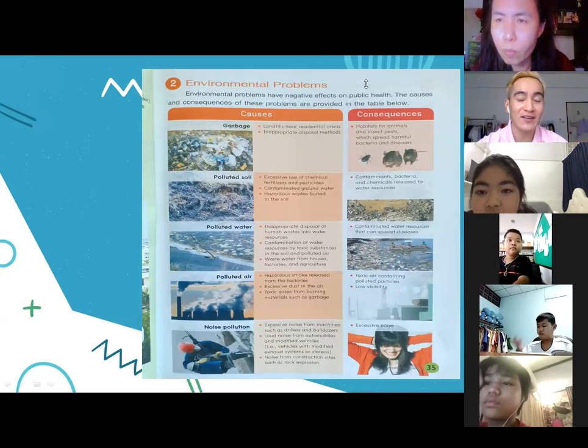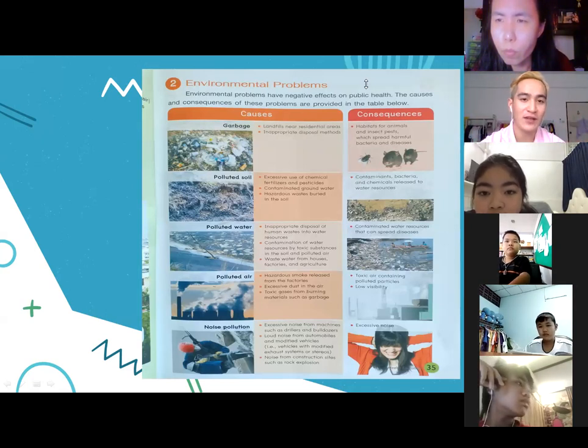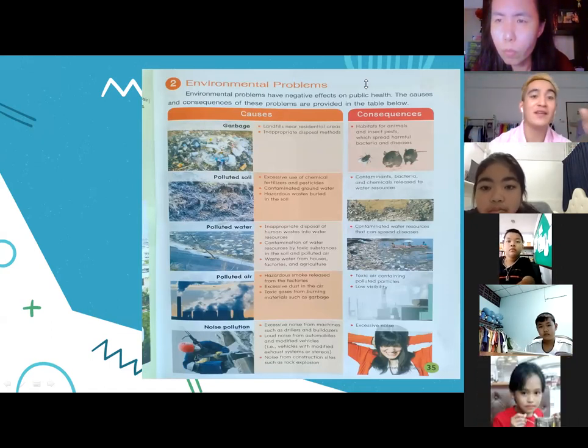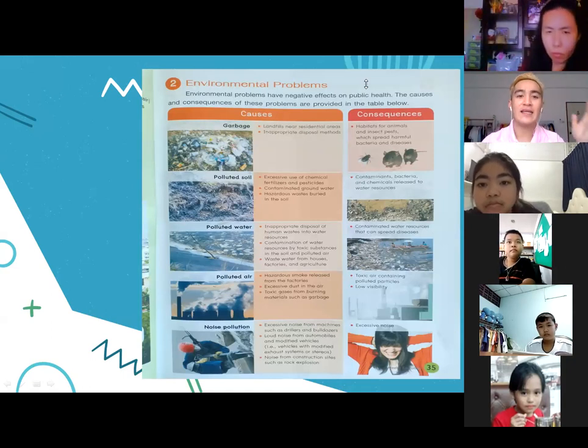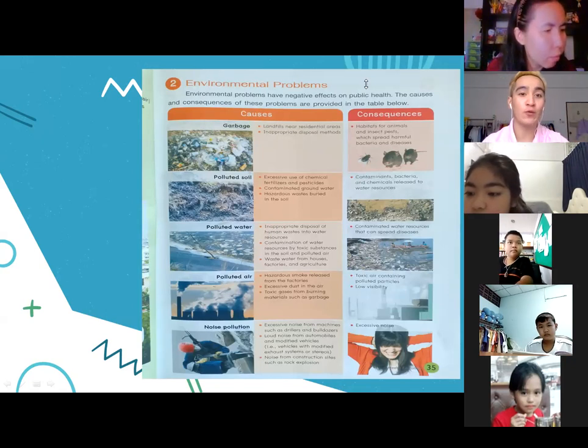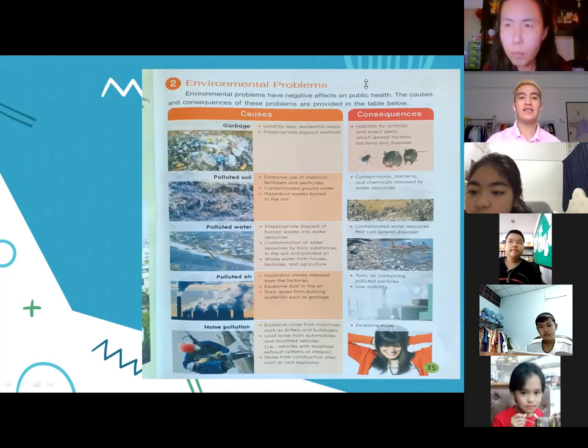So the bio-degradable and the non-degradable. We should separate this trash for recycling, for reuse, and for the things that can be used again. That is the vision of our school of environmental warriors, why we should have these kinds of trash cans.